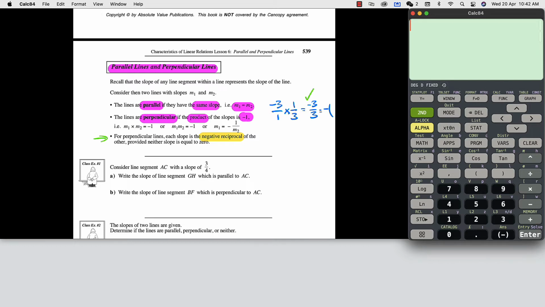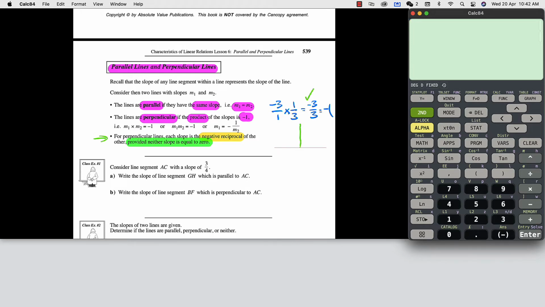Now this is provided that the slope is not equal to 0. Okay, because you cannot follow the rules if I've got a slope of 0, which is a horizontal line.